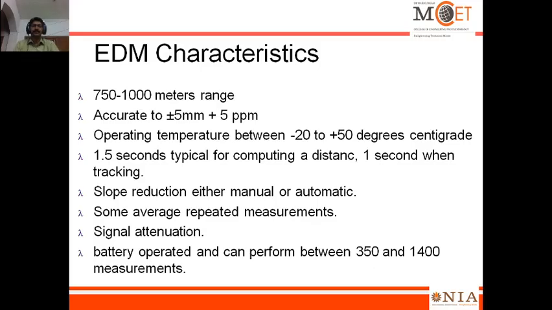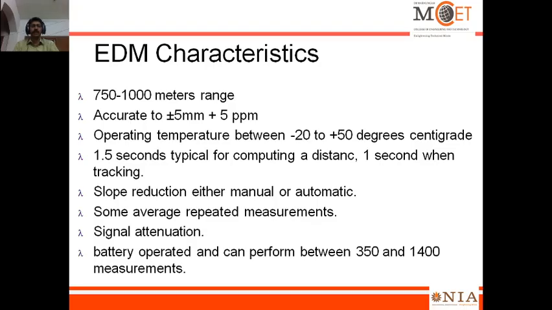The characteristics of EDM: it ranges from 750 to 1000 meters, accurate to plus or minus 5 mm plus 5 ppm, parts per million. Operating temperature between minus 20 to plus 50 degrees centigrade. 1.5 seconds is typical for computing a distance, 1 second when tracking.